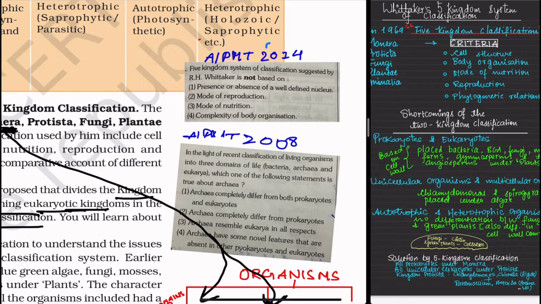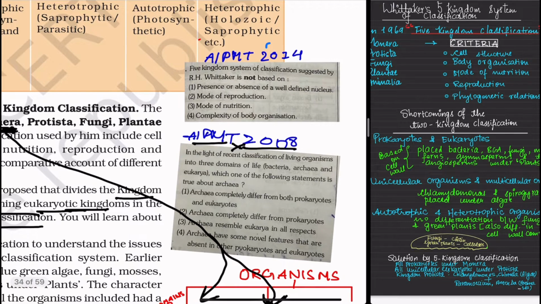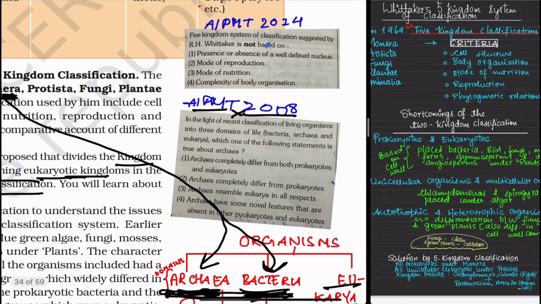In the light of recent classification of living organisms into 3 domains of life, bacteria, archaea and eukarya, which one of the following statements is true about archaea? The first option is archaea completely differ from both prokaryotes and eukaryotes. Archaea completely differ from prokaryotes. Archaea resemble eukarya in all respects, and archaea have some novel features that are absent in other prokaryotes and eukaryotes.